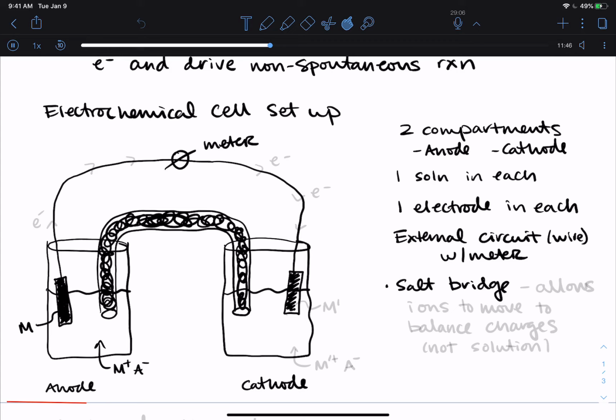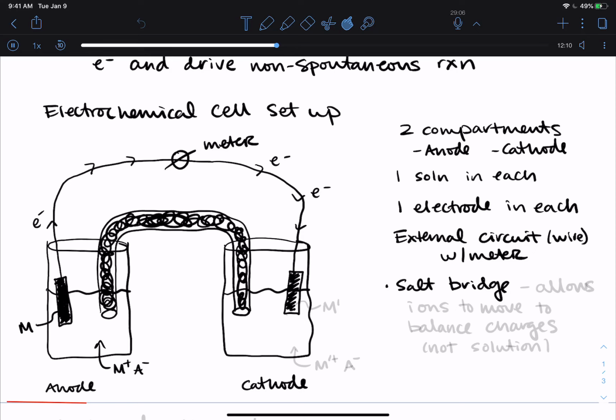The metal on the anode side is going to give up electrons, right? So from this metal piece, it'll give up an electron. It'll go into solution to become the M+. And these electrons are going to travel through the wire over to the cathode side.